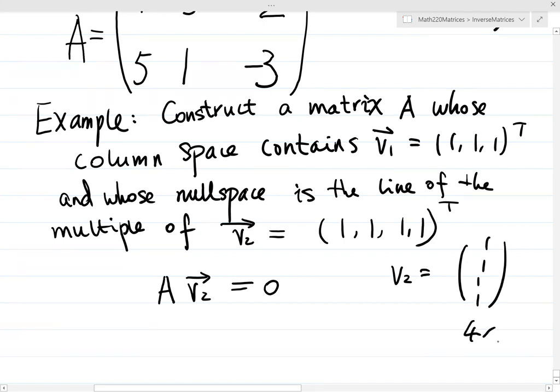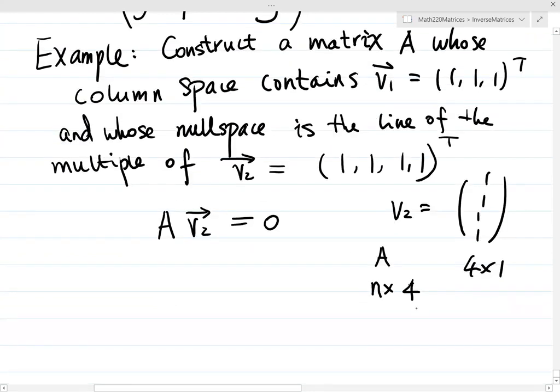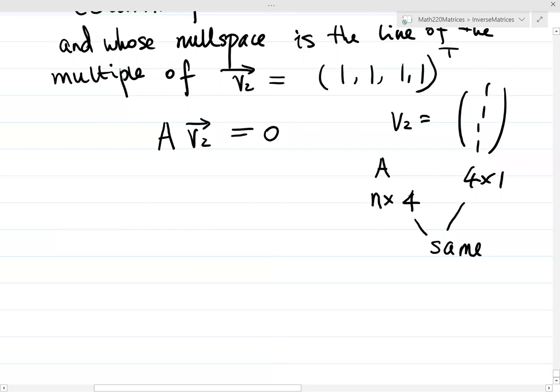So we make sure that A has 4 columns: A should be n rows times 4 columns. The number of columns of A must agree with the number of rows of V2 so that we can multiply them.